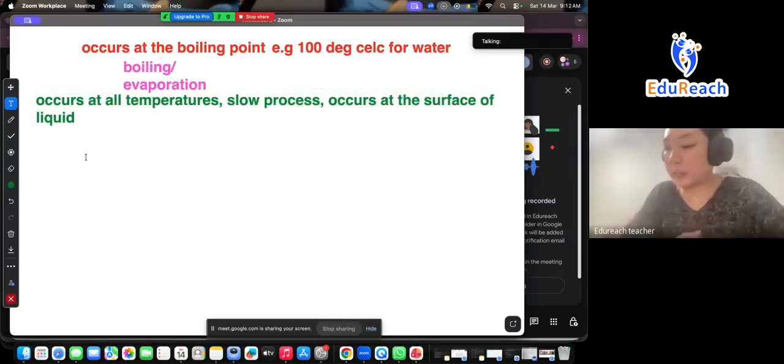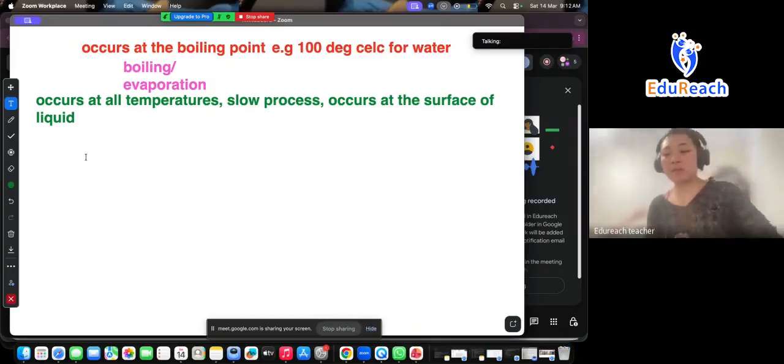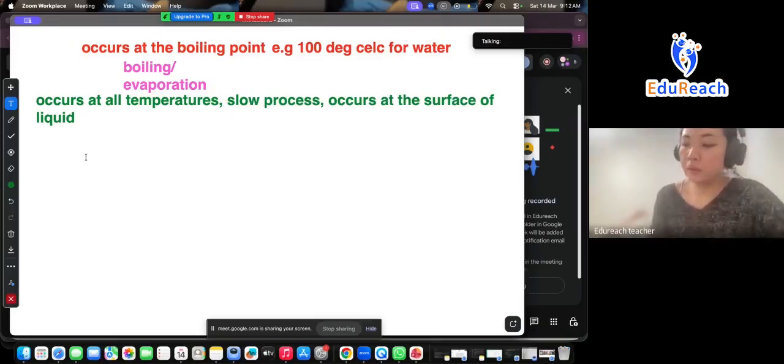As you're copying down, can you try to remember from P5, P6, what are the different factors that will affect the rate of evaporation? Does anyone remember? Anyone recalls?